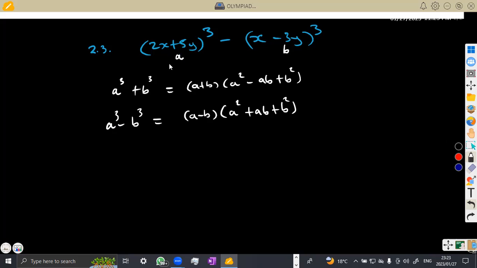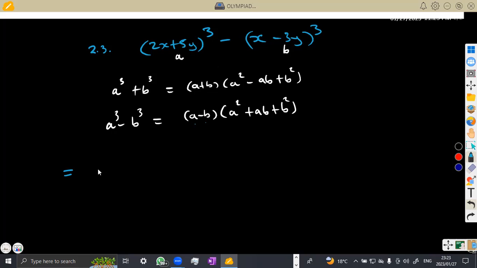So if this is my a and this is my b, therefore I can factorize this expression as a minus b, where this is a and this is b.